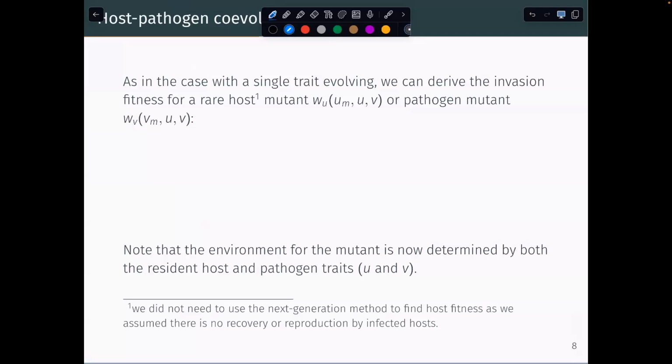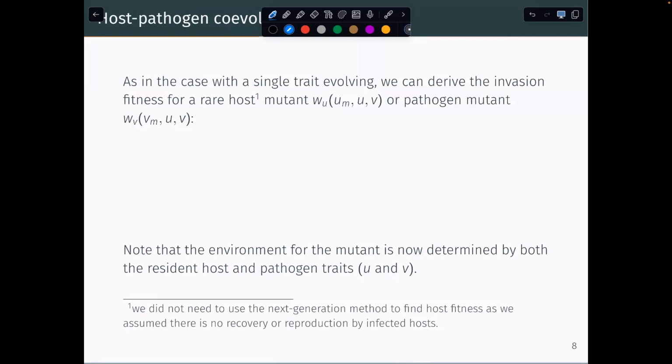Well, this rare mutant could be a host or it could be a pathogen. And one of the simplifications we're going to assume is that we're still going to have this separation of ecological and evolutionary timescales. You know, the system's going to settle down to some equilibrium before we introduce a rare mutation. But we're only going to assume that there's one mutant, okay? So that mutation is either going to be in our host or in our pathogen.